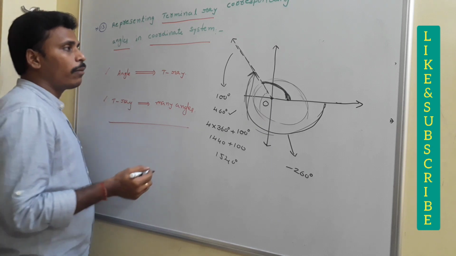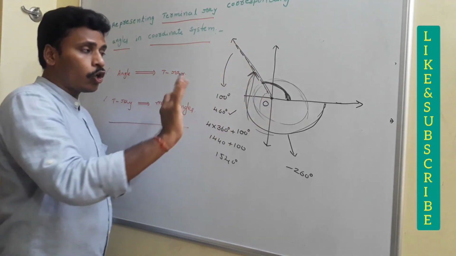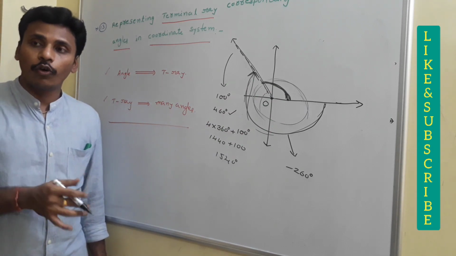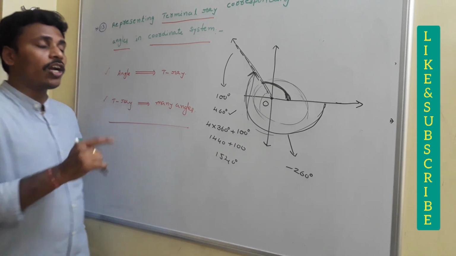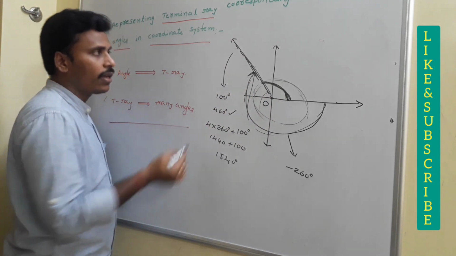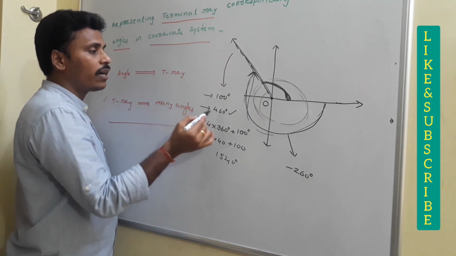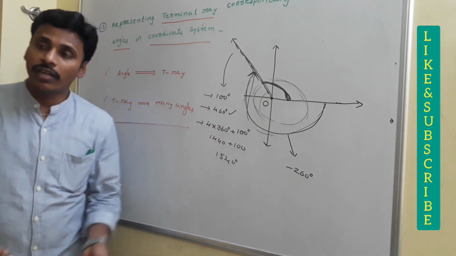So at the end, what I am going to tell you is, I have a ray, and I don't know the rotation required to reach that position, right? If you don't have that rotation, then depending on the one who thinks about the terminal ray, that terminal ray corresponds to many angles. Sometimes it may be 100, sometimes 360 plus 100, sometimes 4 360s plus 100, like that.